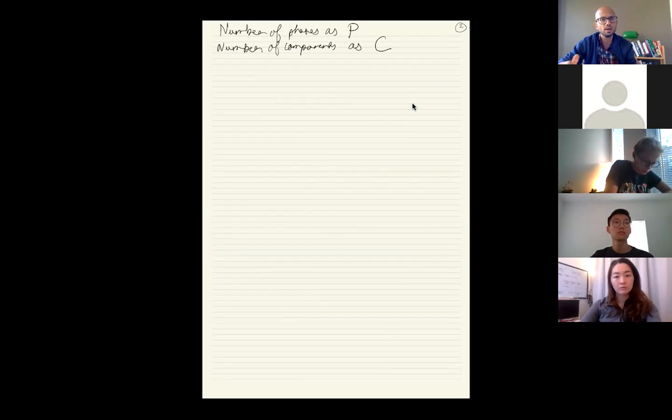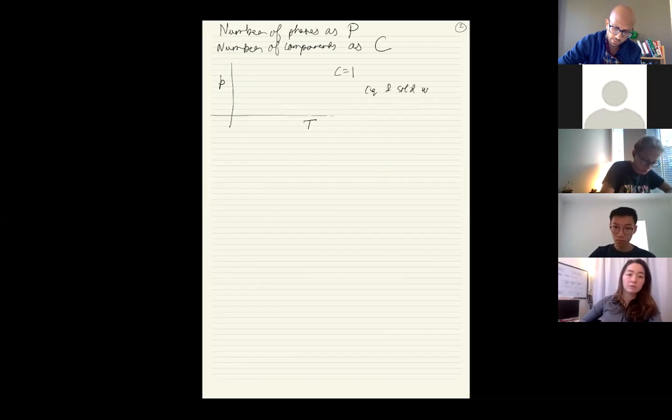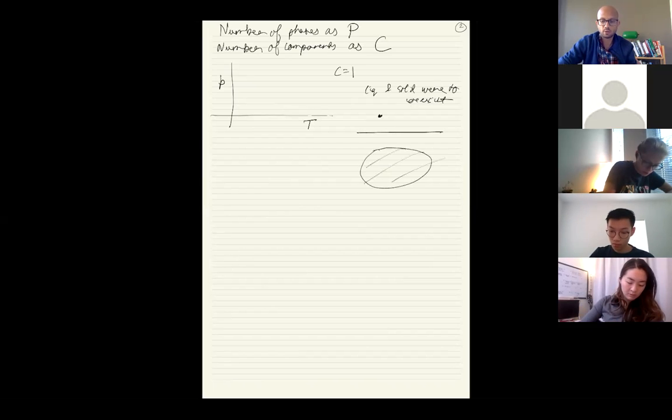Is it going to be a line? For example, I have the water pressure-temperature phase diagram, and here there is water with just C equal to 1. And I am asking you, if liquid and solid were to coexist, would it be a point, would it be a line, or would it be a whole area in which they could coexist?